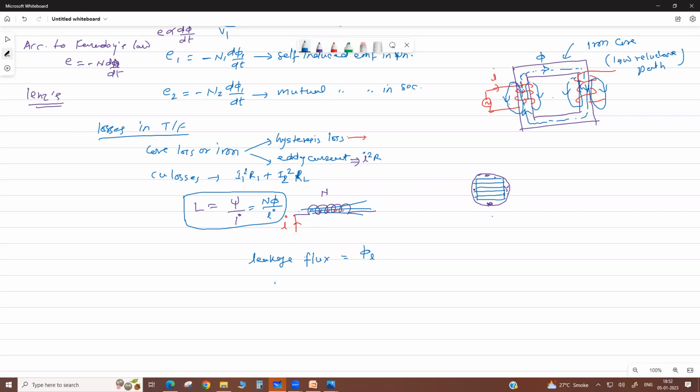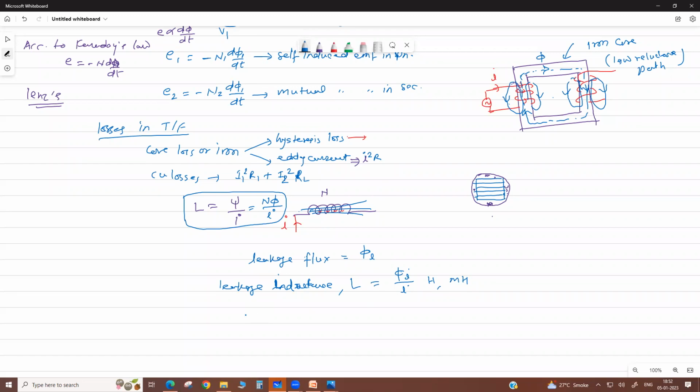Then we calculate the leakage inductance. Inductance L is your leakage flux per unit current. That is in Henry or millihenry, whatever.